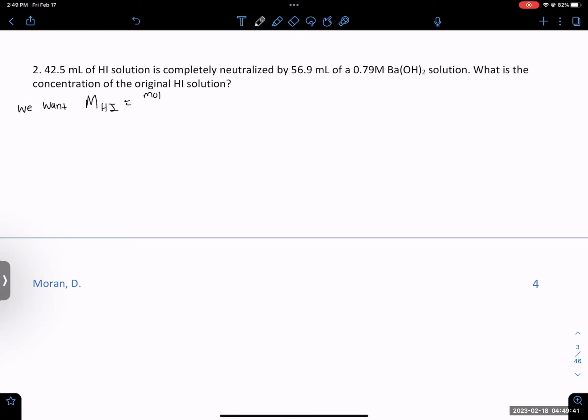Moles of what? We're solving for the molarity of HI, so we need the moles of HI, there we go. Perfect. It wouldn't make sense that we need the moles of barium hydroxide, right? Good. Now, divided by the liters of solution.